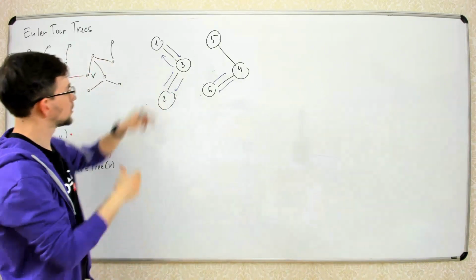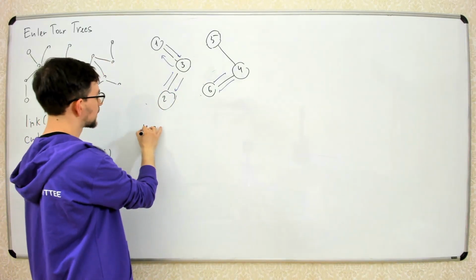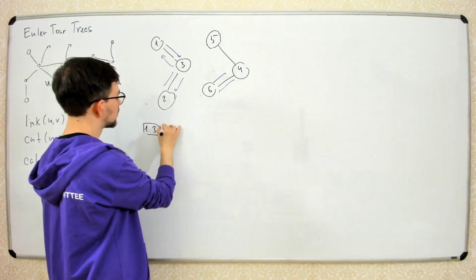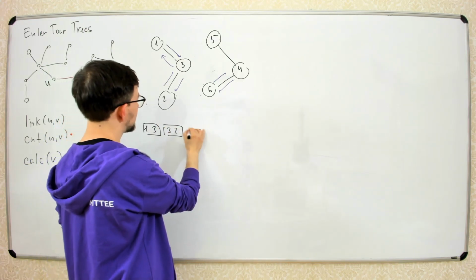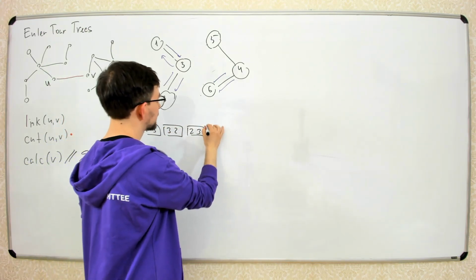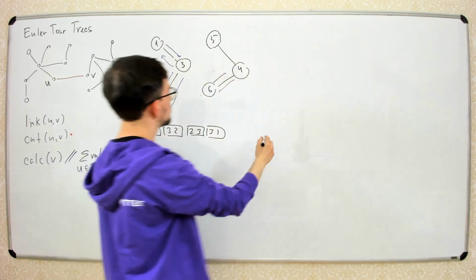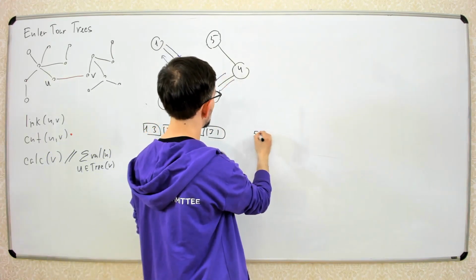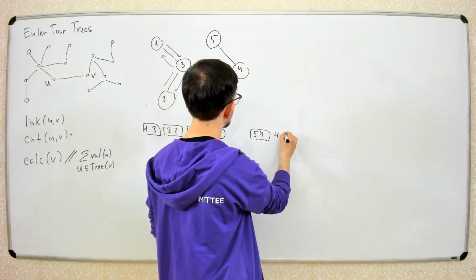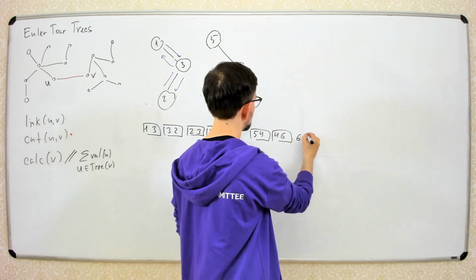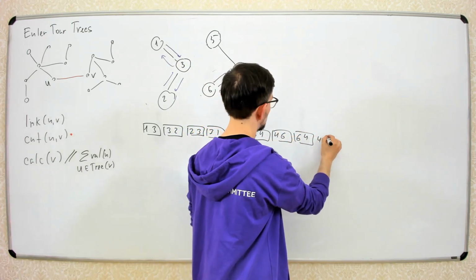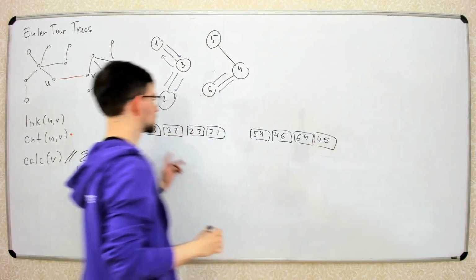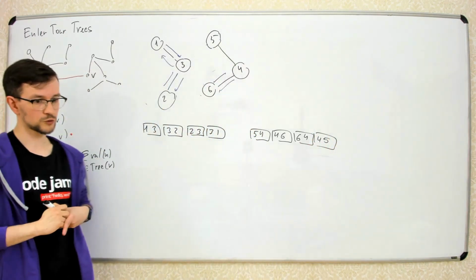So for this tree, let's say it will be 1 3, then 3 2, then 2 3, then 3 1. And for the second tree, it will be, let's say, 5 4, then 4 6, then 6 4, and 4 5. So we have these two Euler Tours.